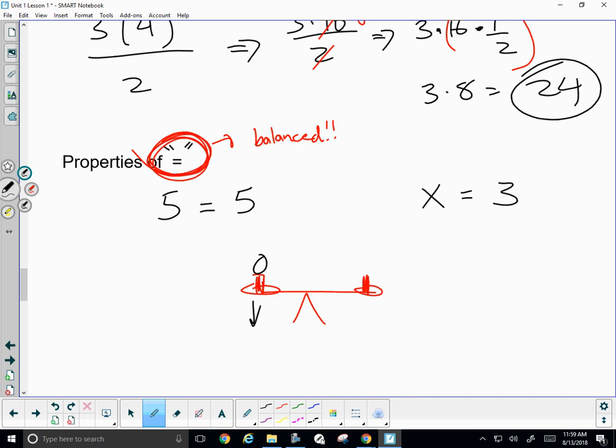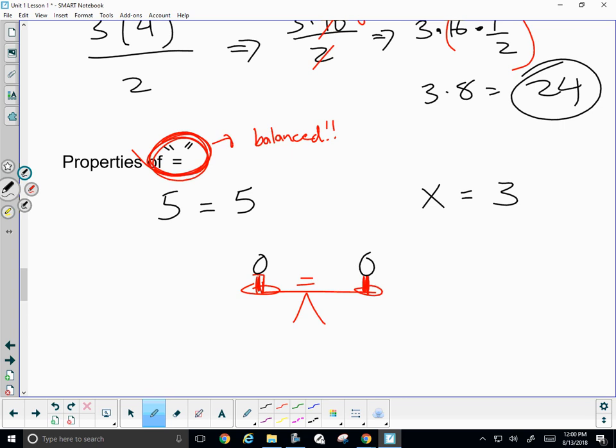The scale would tip, and one side would go down and the other side would go up, making something unbalanced. With equalities, you must keep things balanced. So if you add something on one side, for things to remain balanced or equal, you must add the same thing on the other side.